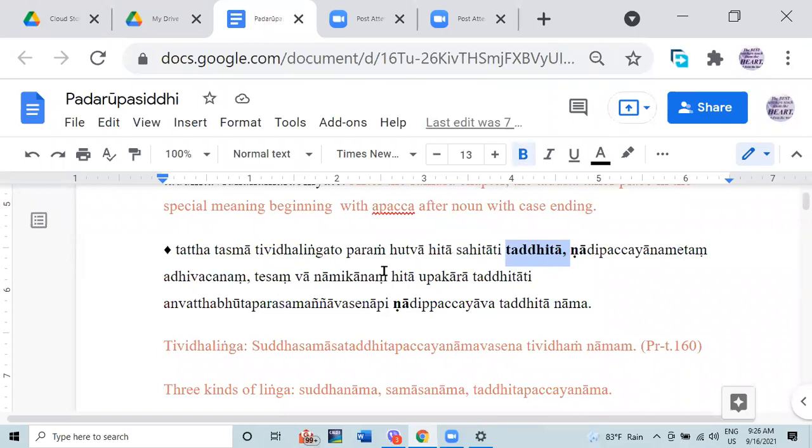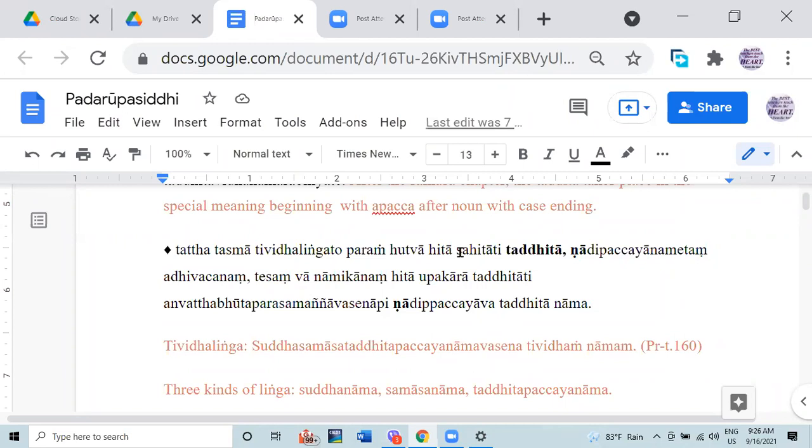Panchami Taburisa: Tasama Panchami and then hita. So hita, sahita, refers to the suffixes beginning with na, divajana, that's why nati pachiyana.